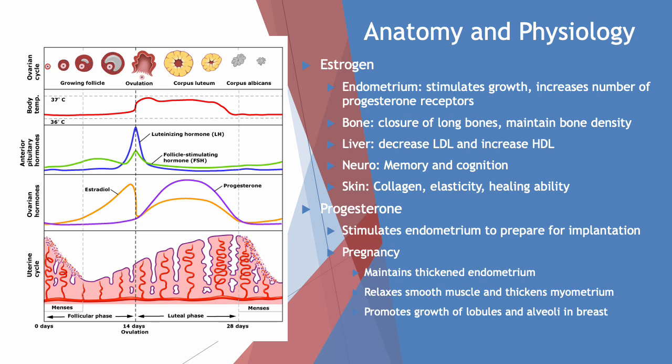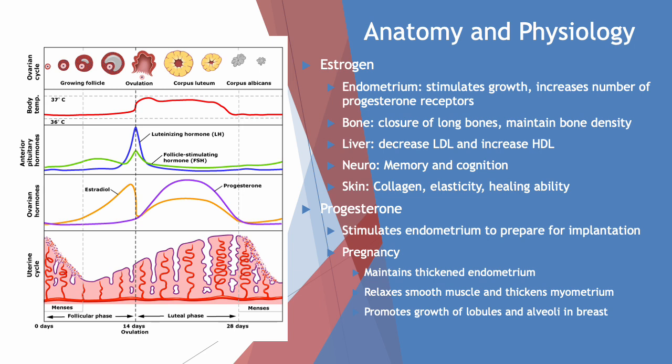Estradiol is the most potent and plentiful, and estrogen's job, in the endometrium, is to stimulate growth, increase the number of progesterone receptors, the maturation of reproductive organs, the development of secondary sex characteristics, and the growth and maintenance of pregnancy.